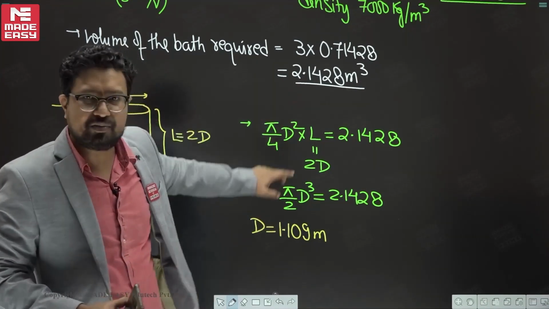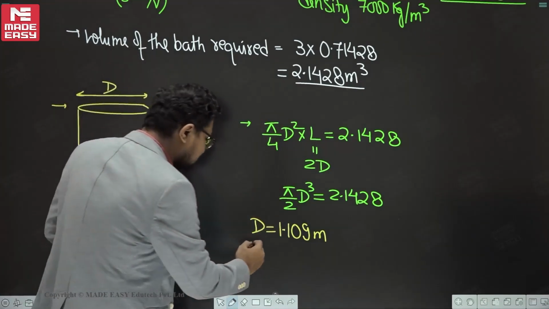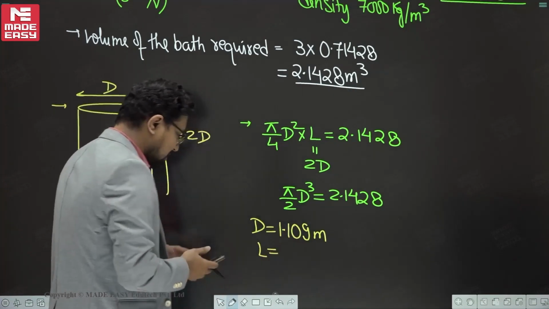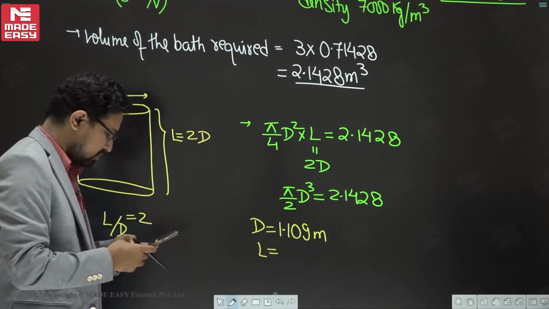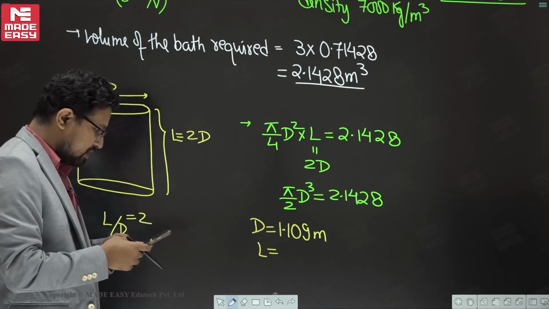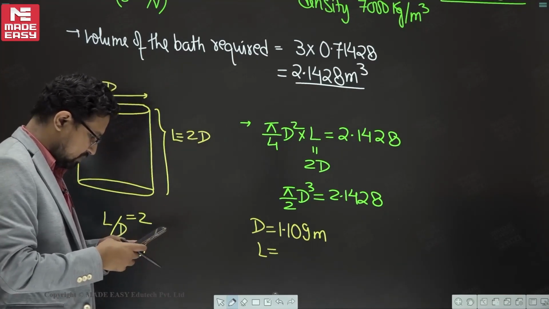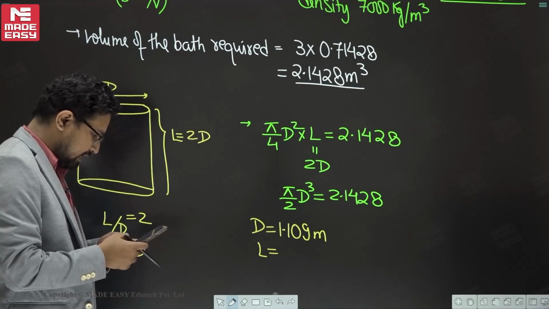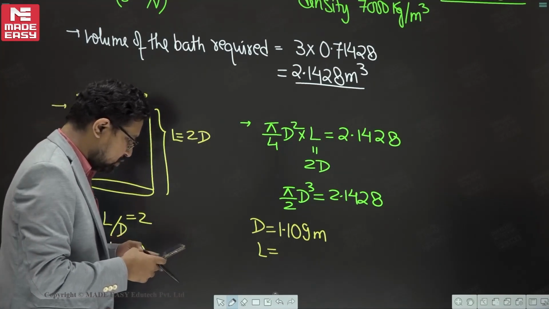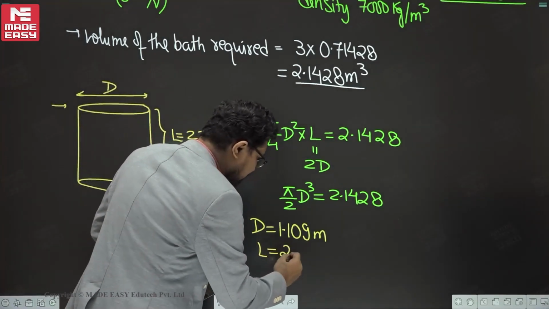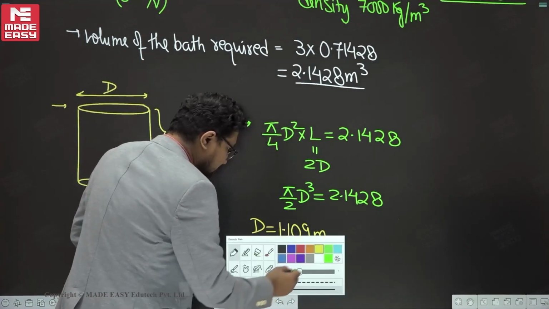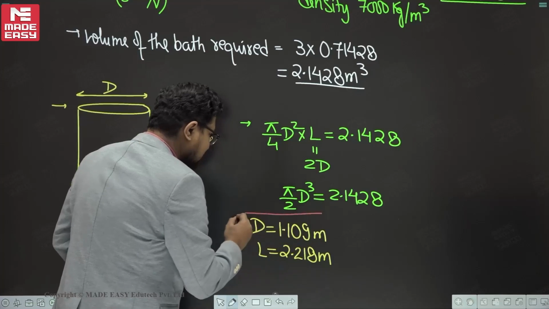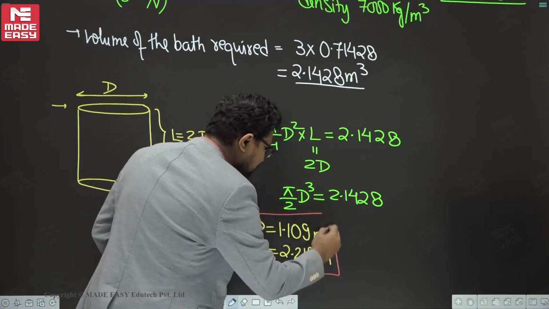Volume is in meter cube, so we get this in meter. And the length of the cylinder L will be twice this, 1.109 into 2, so 2.218 meter. So this is the answer to the second part which was asked.